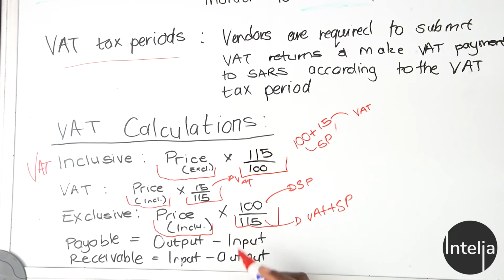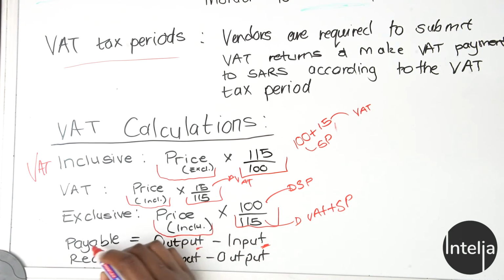So VAT payable to SARS is output VAT minus input VAT. Obviously, I explained that output VAT is the VAT that we charge out, which we are going to pay over to SARS. And input VAT is the VAT that we pay when we buy from somebody and we give them our VAT, and then it is input for us because we can go and collect it from SARS.